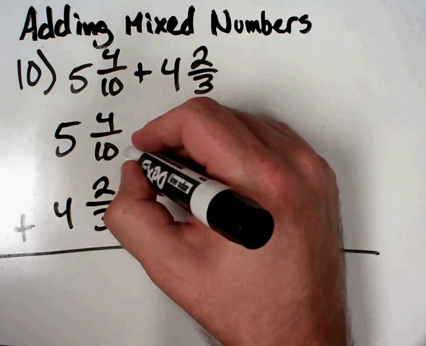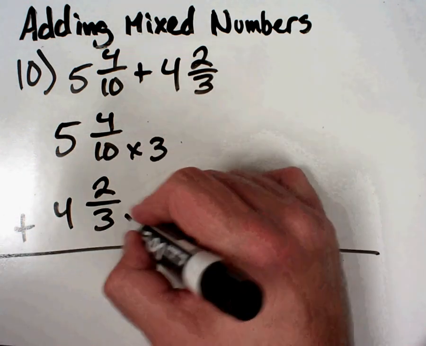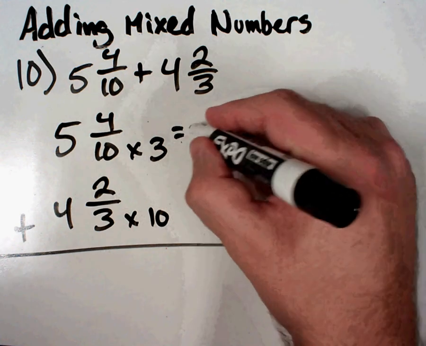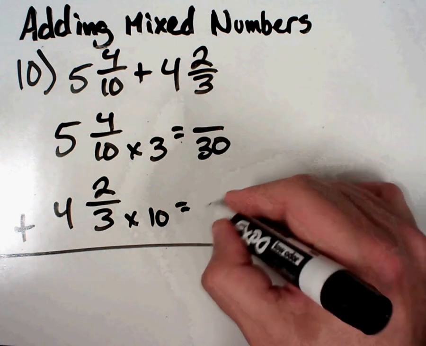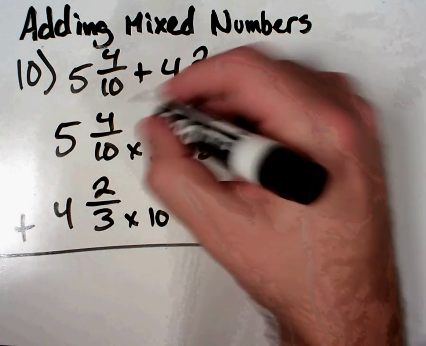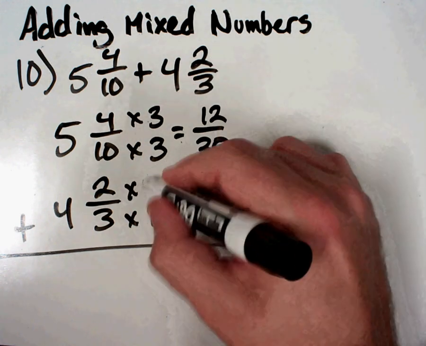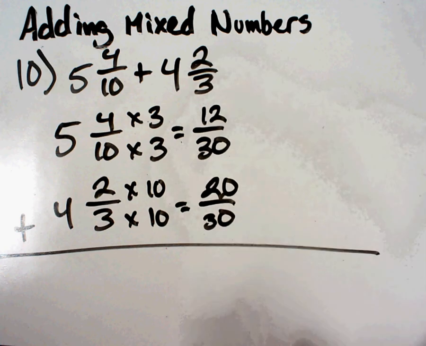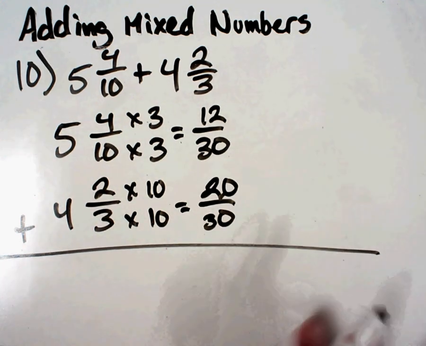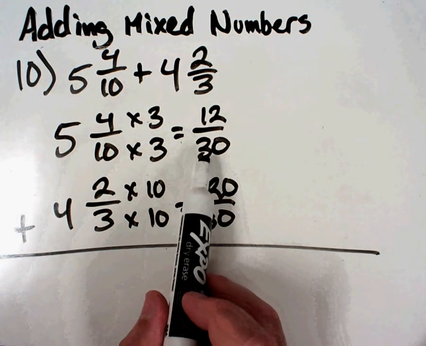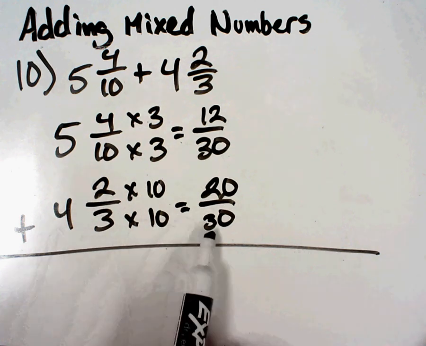So as usual, I'm going to multiply my denominators to get my common denominator, which in this case will be 30. Whatever I do to the denominator, I must also do to the numerator. So I'm left with 5 and 12/30 plus 4 and 20/30.